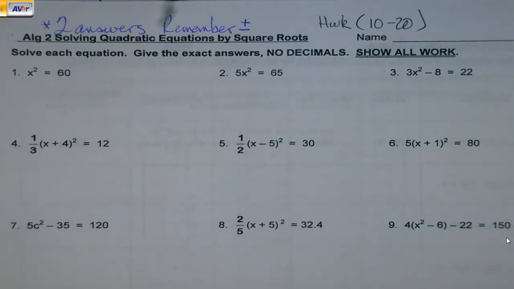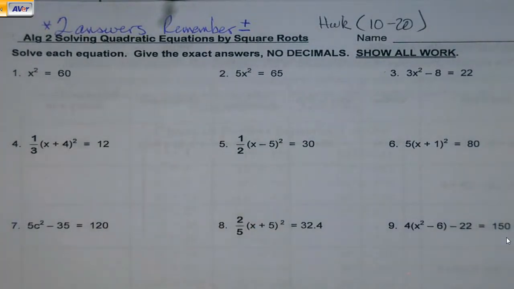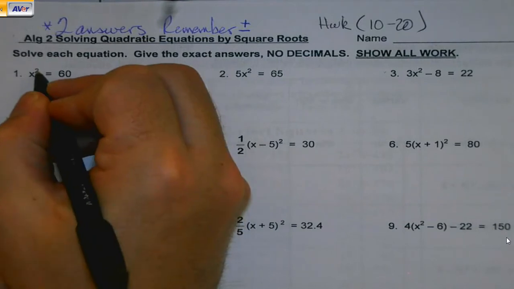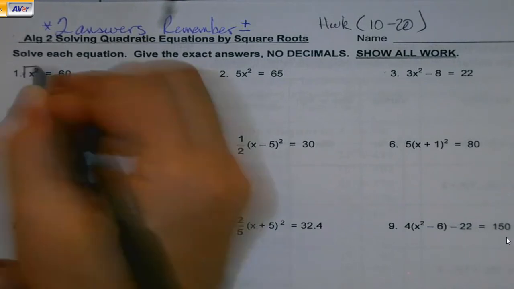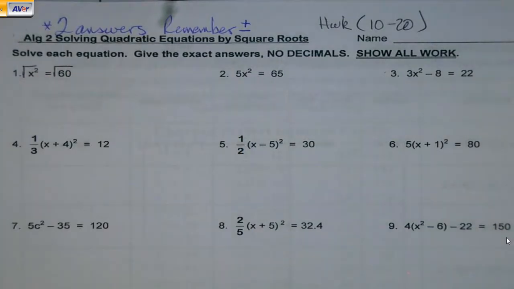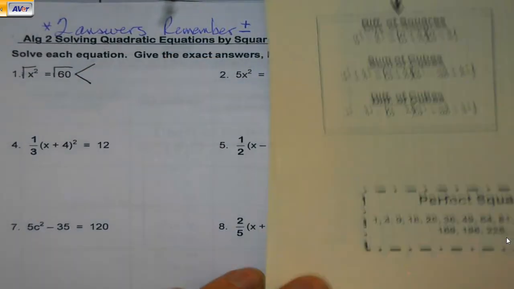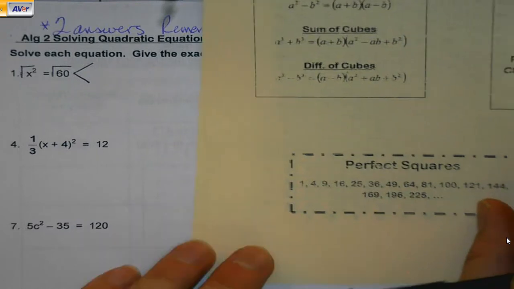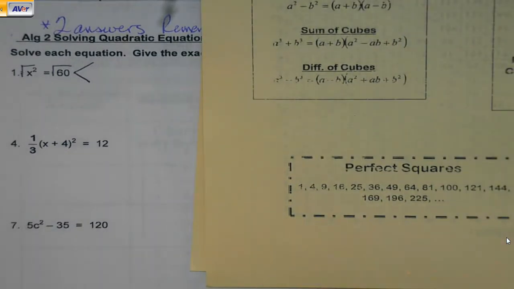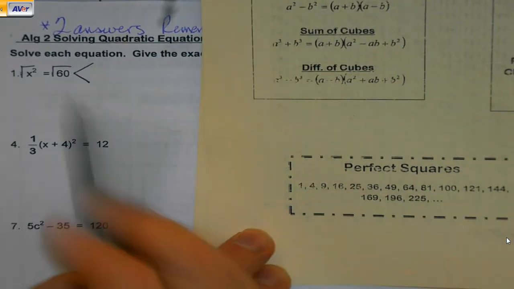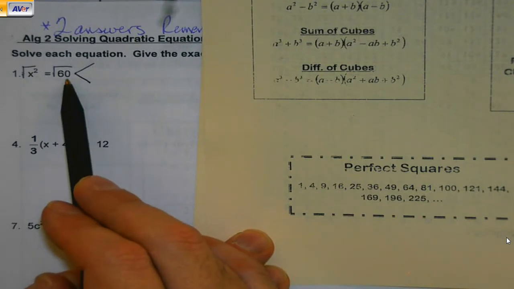So I get to the first one. We're going to solve these like we solve a regular equation. My job is to get x squared alone. Well, if it's already alone, that's even better. The opposite of taking the square of something is to square root it. Once I get to this part, now it's just like what we were doing on the other sheet, where I need to look at my perfect squares and say, hey, which one of these numbers divides evenly into 60?